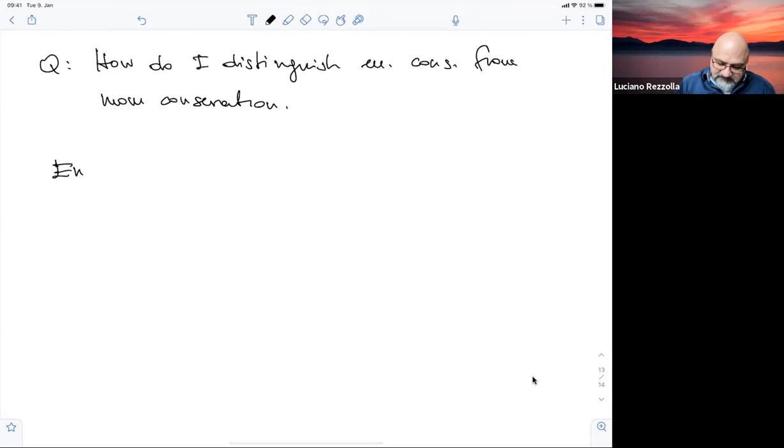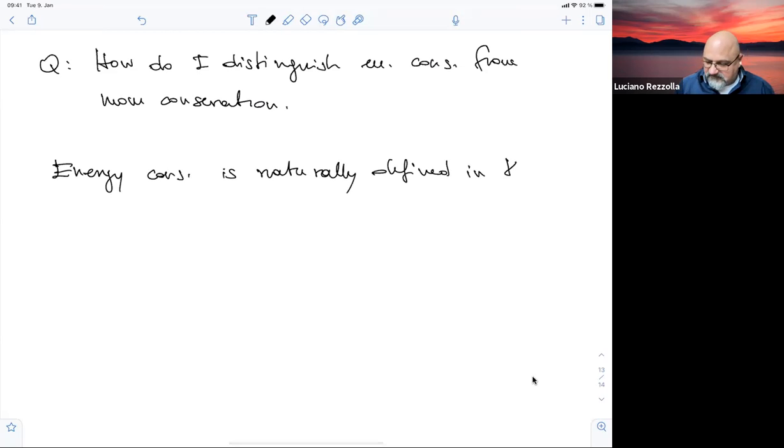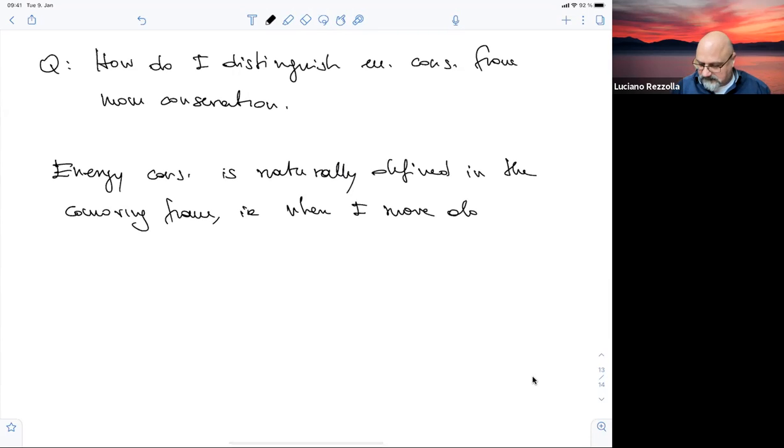So energy conservation is naturally defined in the co-moving frame, when I move with tangent vector u.